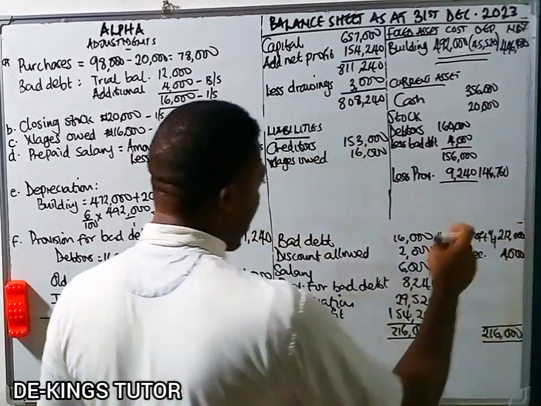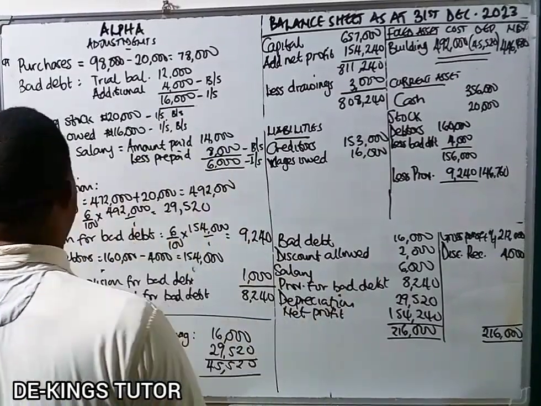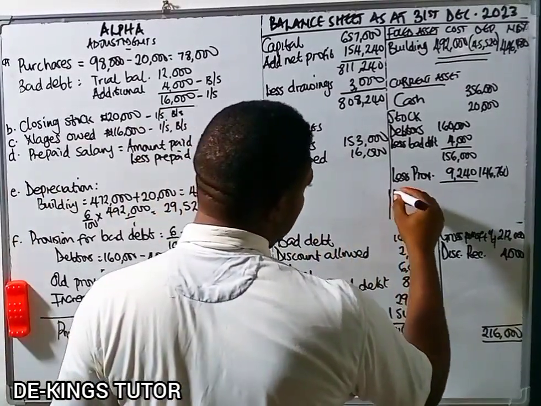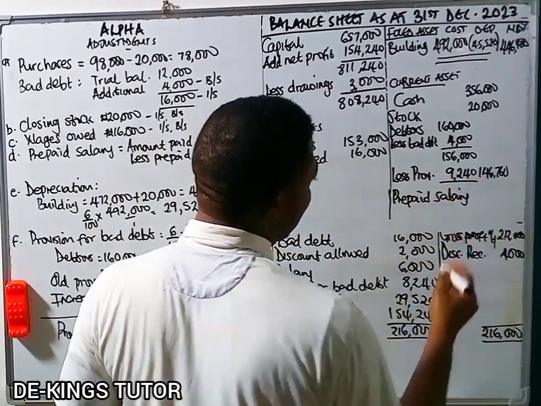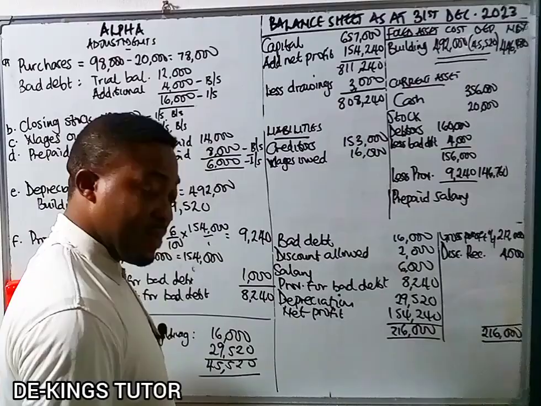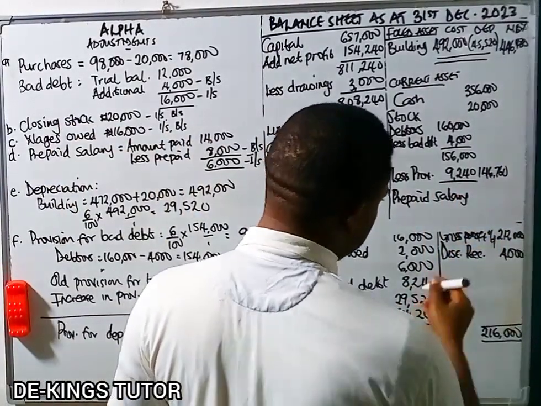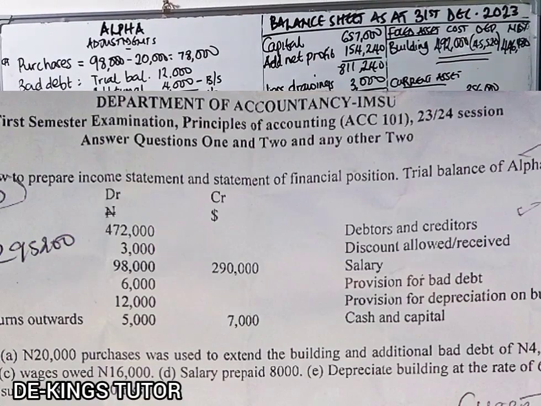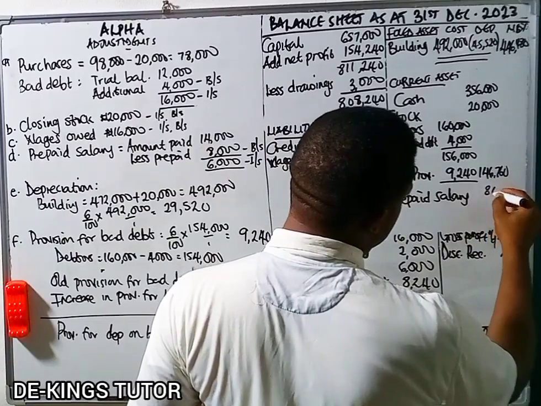So the next one is the prepaid salary. Prepaid salary is an expense. Prepaid means payment in advance, so prepaid expenses is a current asset. What's the prepaid salary? 8,000. Look at the one in the additional information, not the one that we got as the difference.